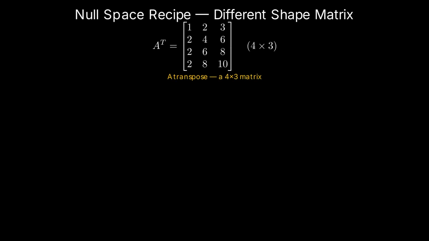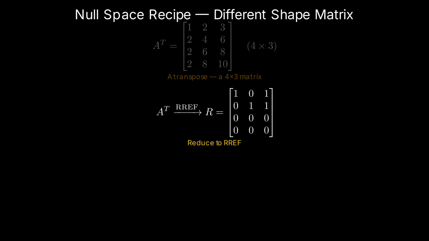Let's reinforce the recipe with a different shaped matrix. Take A transpose, a 4x3 matrix with rows 1, 2, 3, then 2, 4, 6, then 2, 6, 8, then 2, 8, 10. We reduce this to reduced row echelon form. I'll spare the row operations and jump straight to the result.